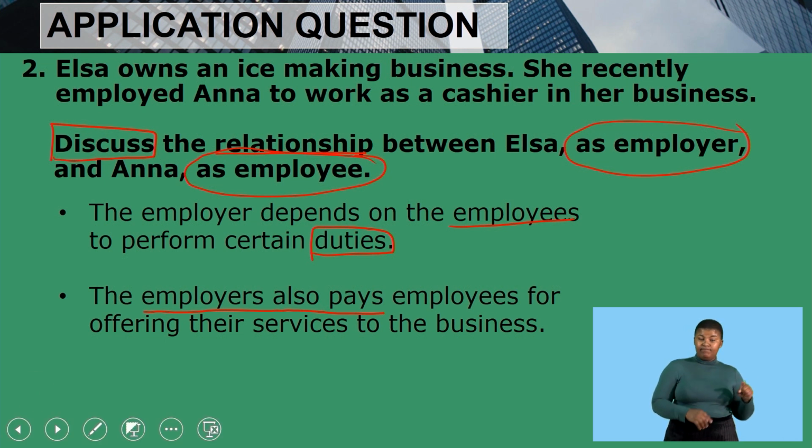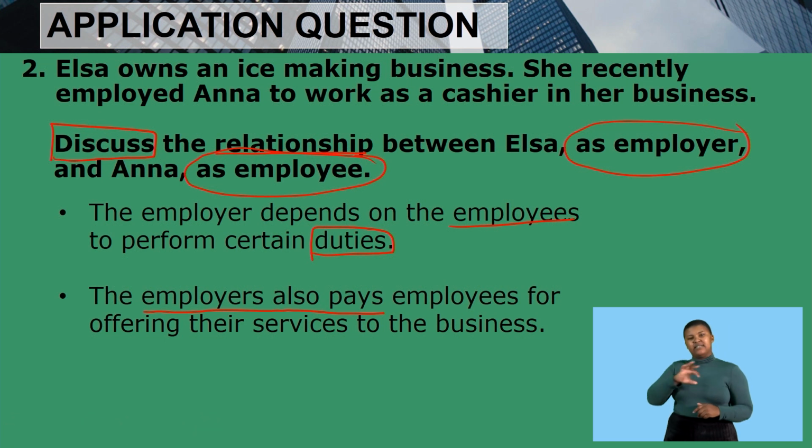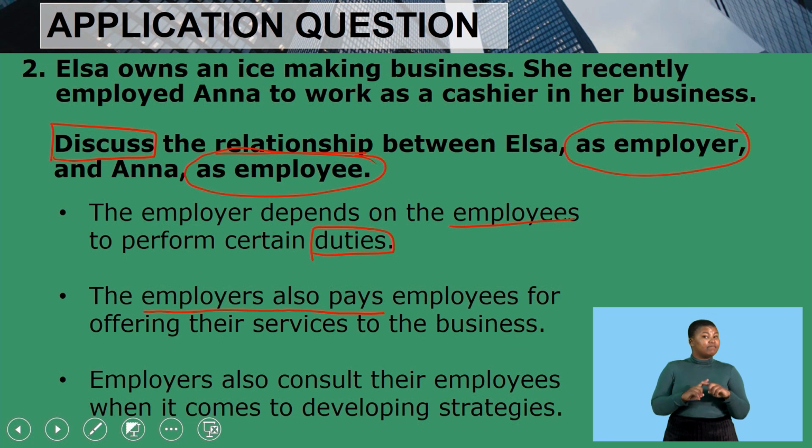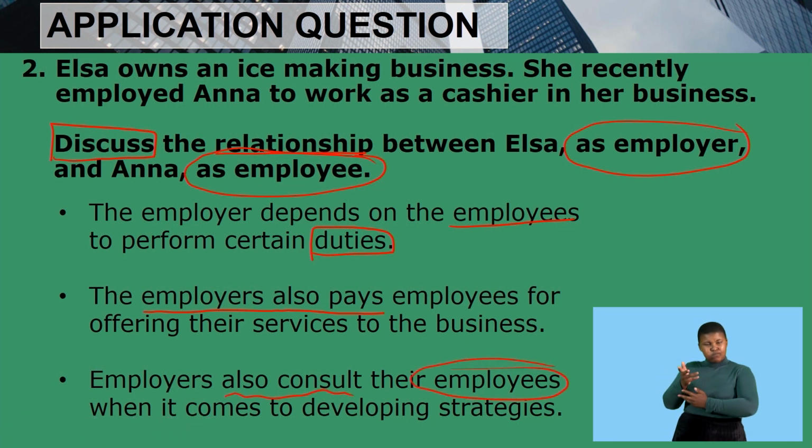But the employer will also consult their employees. So they will ask them for advice when it comes to developing strategies. So that is then a discussion of the relationship between the employer and the employees.